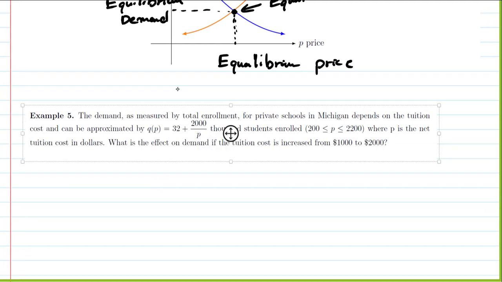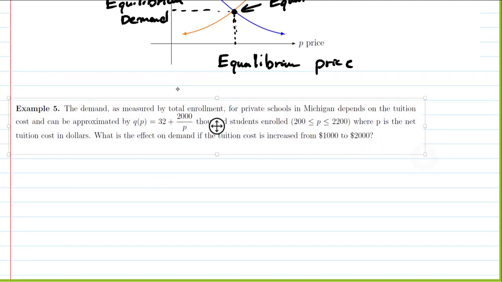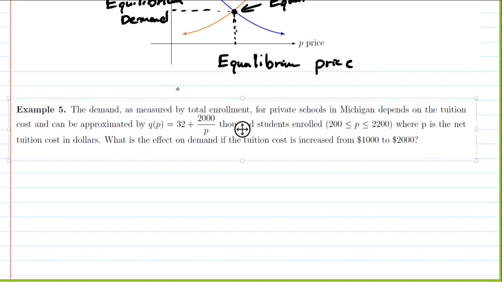So the demand as measured by total enrollment for private schools in Michigan depends on the tuition cost and can be approximated by Q of P equals 32 plus 2,000 over P, thousand students enrolled, where our domain for P is between 200 and 2,200, and where P is the net tuition cost in dollars.